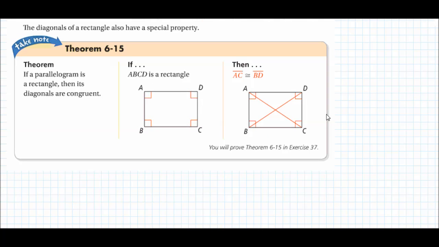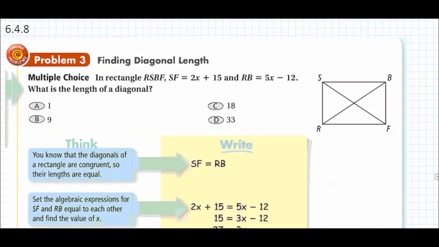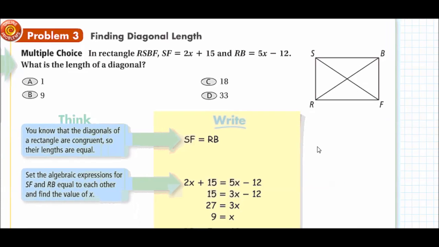Theorem 6-15: If a parallelogram is a rectangle, then its diagonals are congruent. And we also know, because of parallelograms, that the diagonals are also bisectors. We know, in this example, those must be congruent. So let's look.